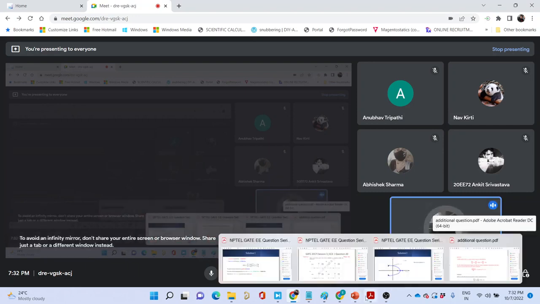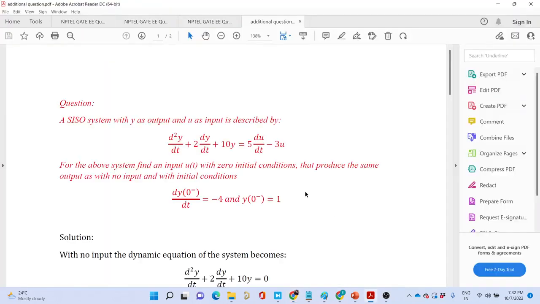So it is a lot of time. Have you found out the answer, or are you still trying? Anubhav, what is the status? I'm trying, sir. Navkirti, have you found out the solution?